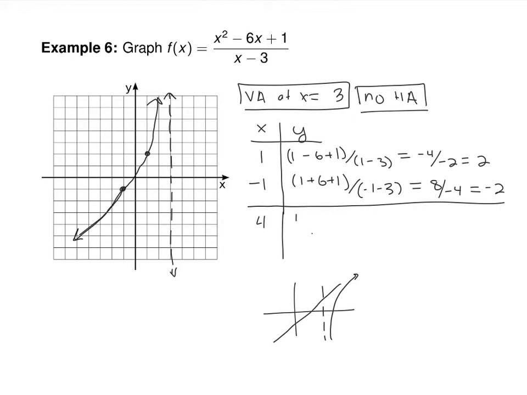So this will be 16 minus, what's 4 times 6? 24. Great. Plus 1, all over 1. Oh, so arithmetic. 16 minus 24 is -8, plus 1 is -7. So over 4, down 7. Okay.